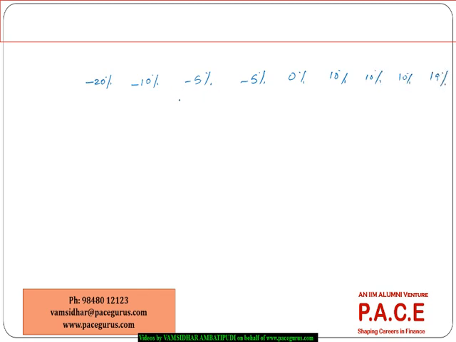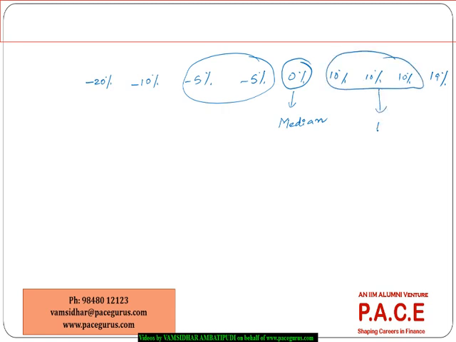First, the median. All these are already arranged in ascending order, so I can pick the middle value. So 0% is my median. For the mode, which value is coming the maximum number of times? -5 is coming 2 times, whereas 10% is coming 3 times. So 10% is my mode in this data.